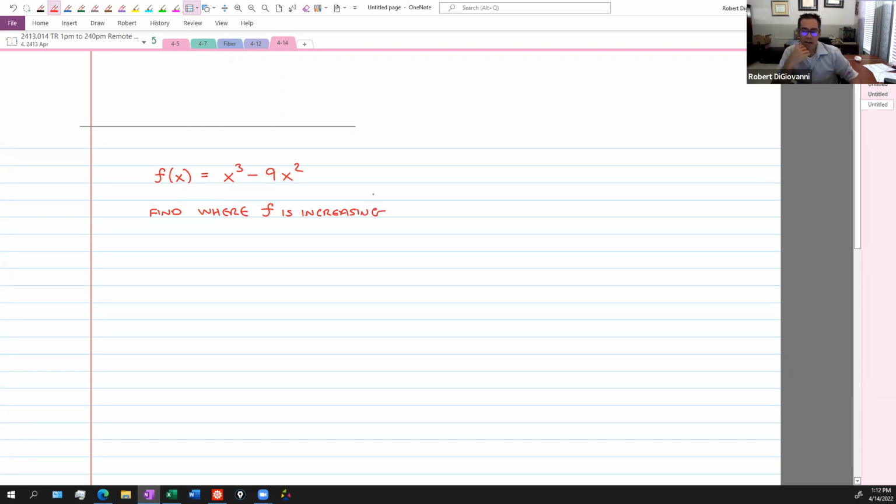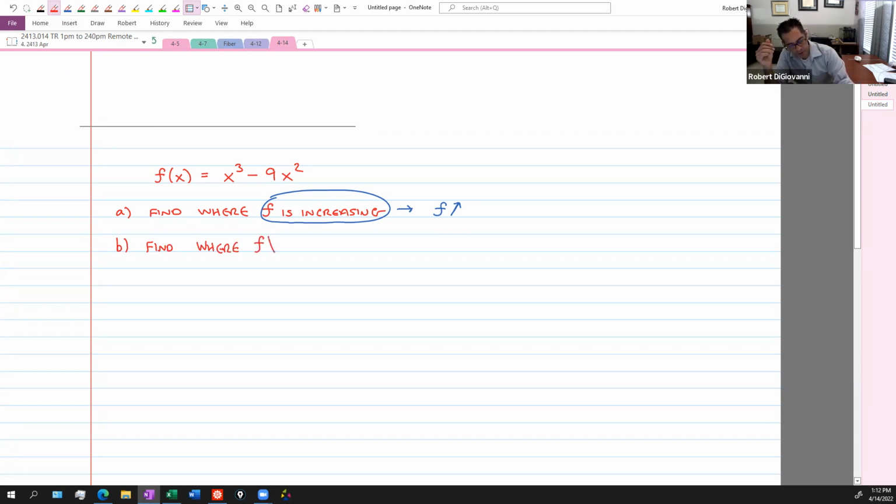Now, I'm not going to write that from here on out. Instead of me saying f increasing, I'm going to put a little arrow going up. That's going to mean f is increasing. So that's part A. Part B, I'd like you to find where f is decreasing.